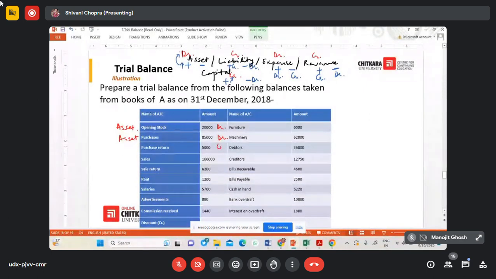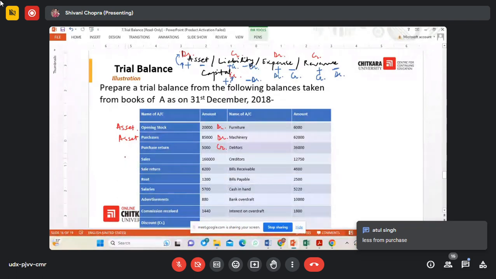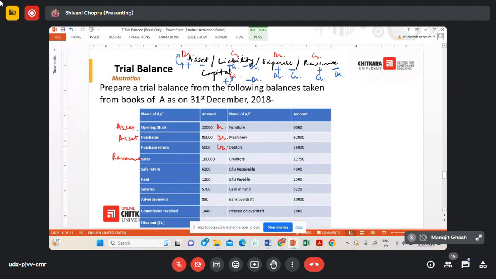It will have a credit balance, because purchase return decreases purchases. So that's the reason why I've credited it. It led to a decrease in asset. Sales. What is sales? Revenue. Revenue has a natural balance of credit. Sales return, inverse of revenue or decrease in the value of sales, we will debit it.